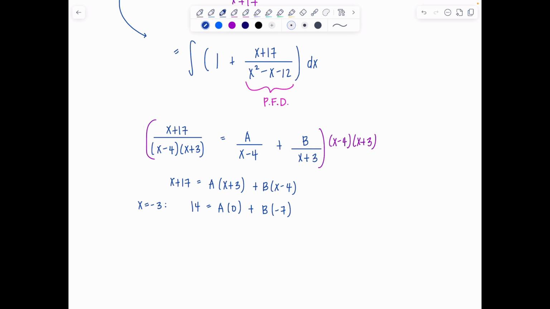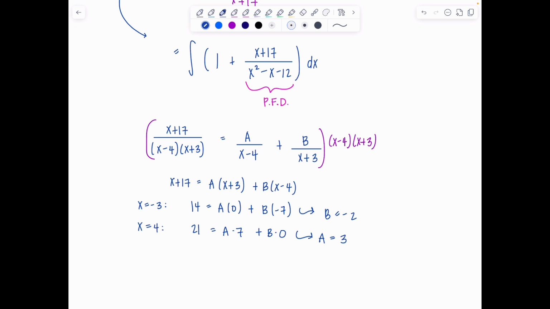So if -7B is 14, that means B is -2. And then do the same thing. Now I'm going to substitute in x is 4. So on the left-hand side, I'll have 21 equals A times 4 plus 3, that's 7, plus B times 0. So A is 3. Woohoo!